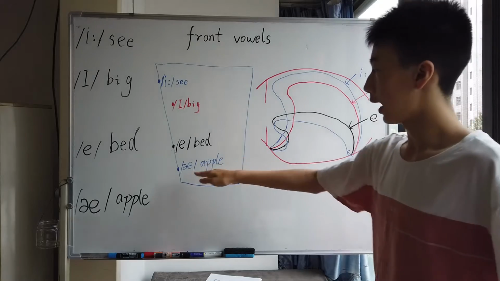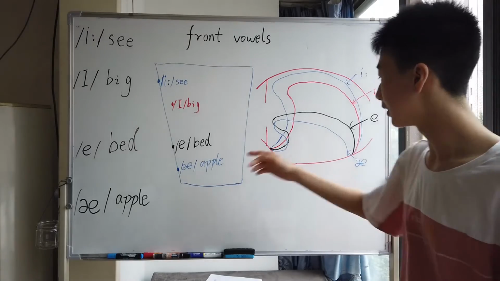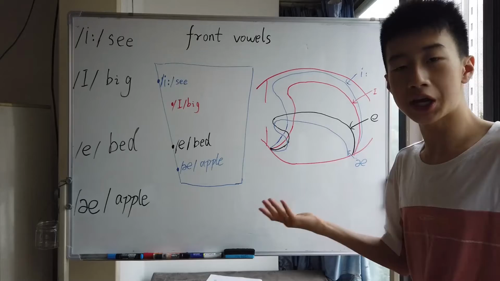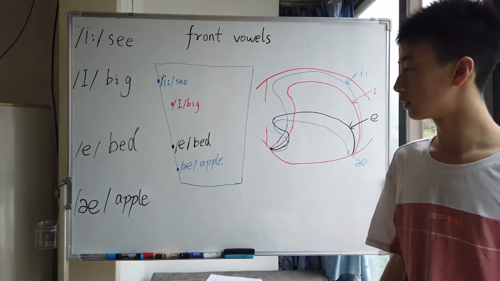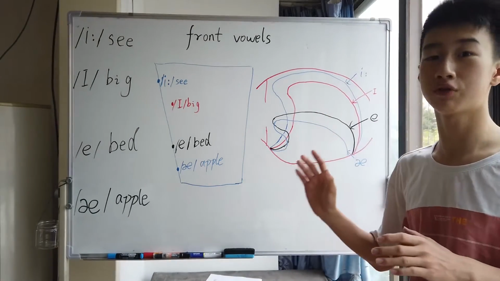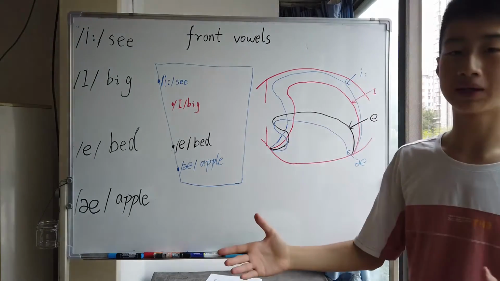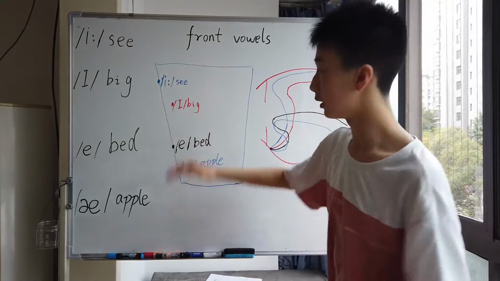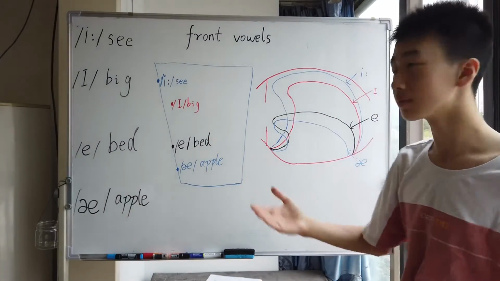But let's look at the last sound, apple, or the A sound. I feel that these two sounds' tongue position relative to our jaw doesn't really change that much. Perhaps in the A sound the tongue tenses up a little bit, but what is actually causing the pronunciation difference is our mouth opening up. Like I said in the beginning of the class, it increases the vertical opening or gap.